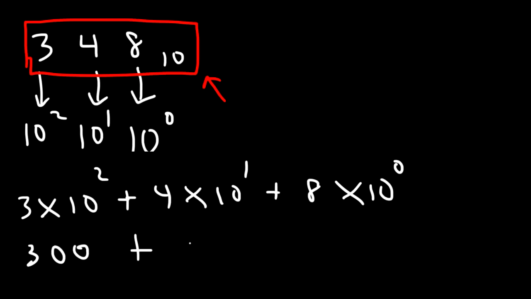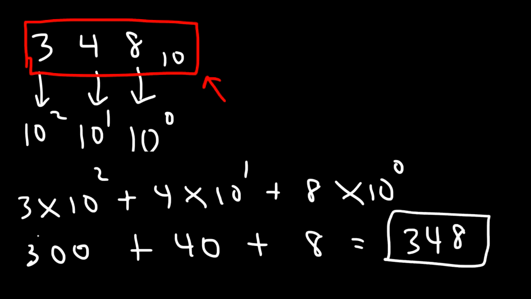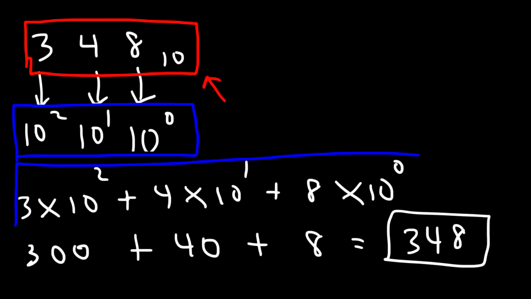And here we have 4 times 10, which is 40. 10 to the 0 is 1, so 8 times 1 is 8. So 300 plus 40 plus 8 is 348. And so this process, this multiplication by the powers, this is a base 10 system, so we multiply by powers of 10. We can also use it for the decimal system, or any number system for that matter.